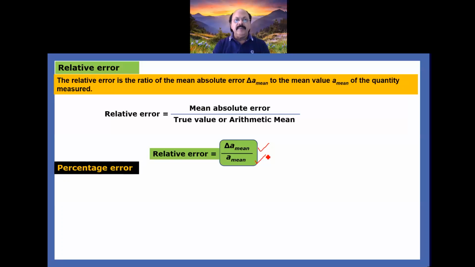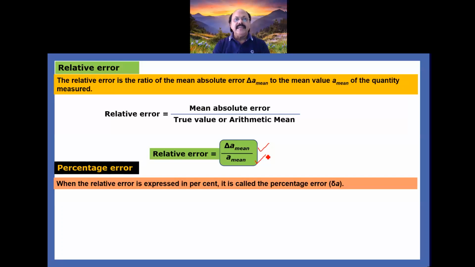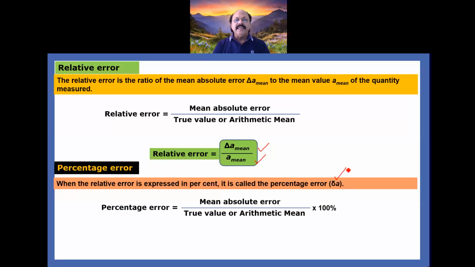Similarly, we can find the percentage error. Percentage error is the error when the relative error is expressed in percentage, and it is represented by delta A. So percentage error equals mean absolute error divided by true value or arithmetic mean, multiplied by 100.